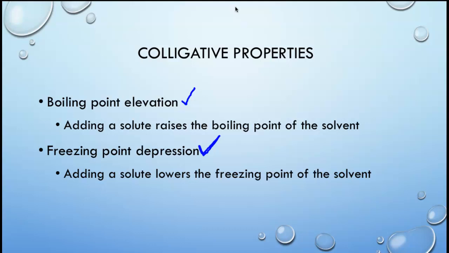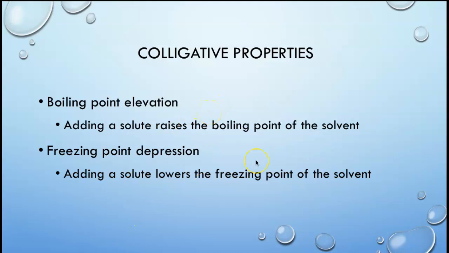So that's how adding something affects the properties of the pure solvent. It's going to raise the boiling point and it's going to lower the freezing point. And again, the more particles that it breaks up into, the more of an effect you're going to have.